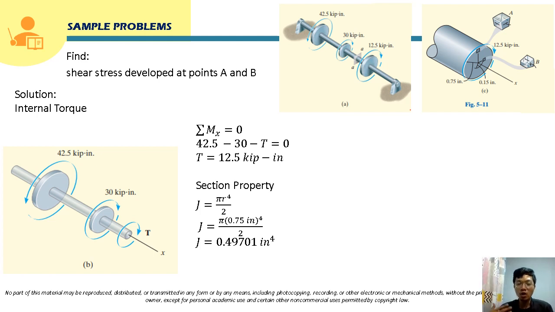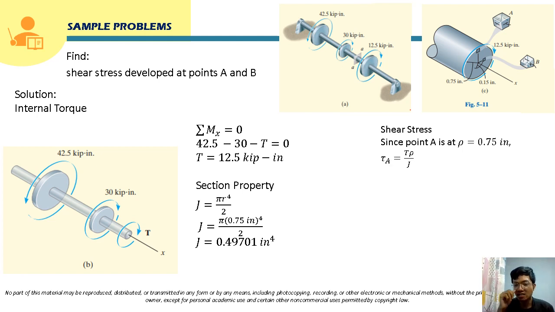After we solve for the internal torque and the polar moment of inertia, now we can solve for the shear stress developed at points A and B. Starting with point A, which is located here, using the formula T rho over J, the rho here will be the distance from the center to point A. Point A is 0.75 inches from the center, so that will be the radial distance.